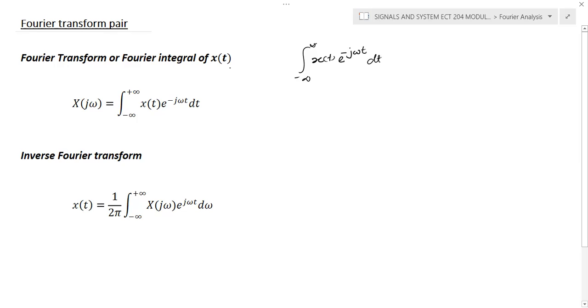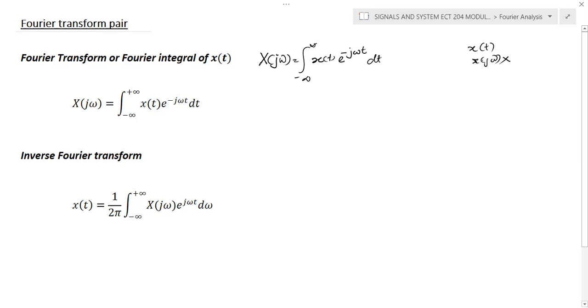One important thing here: you can see this signal is represented by small x of t, lowercase letter, and the transform is represented by uppercase letter X of j omega, which indicates a complex frequency. So X of j omega is an entirely different function, not simply replacing x of t with x of j omega.